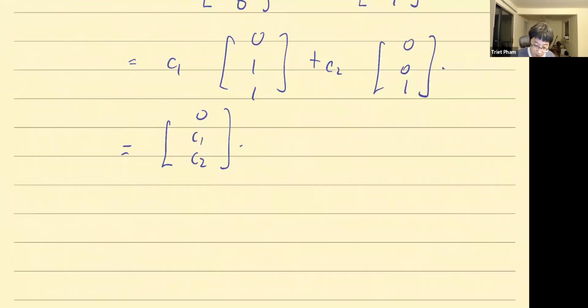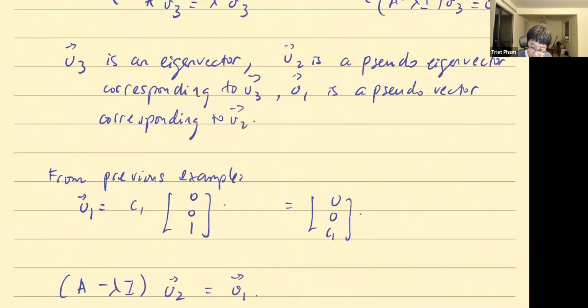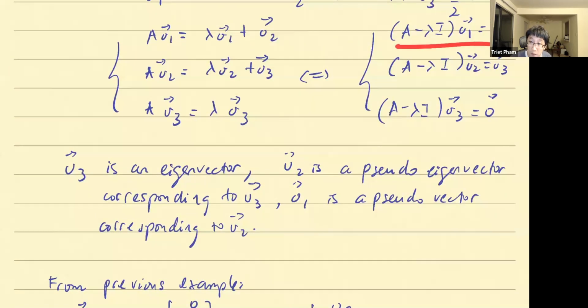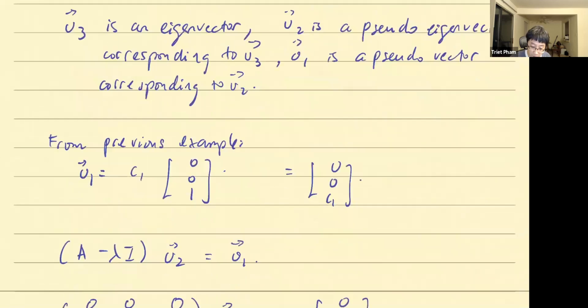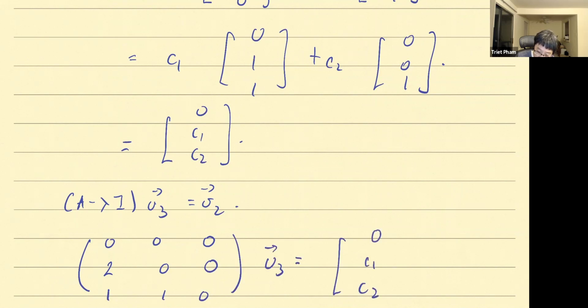All right. So now what's next? (A minus lambda I) V3 must be equal to V2. The last layer. So that would be the matrix with rows (0, 0, 0), (2, 0, 0), (1, 1, 0), and V3 is equal to (0, C1, C2).